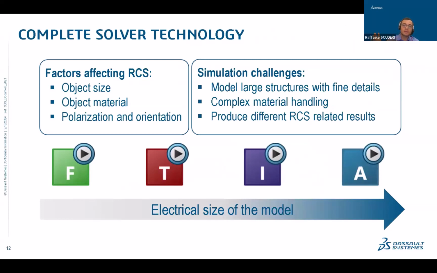All the different factors which affect the RCS of a target lead to different challenges that we, as engineers, as scientists, have to address. This includes the ability to handle, for example, multi-scale structures, so complex structures with certain kinds of materials with different geometrical features here and there.